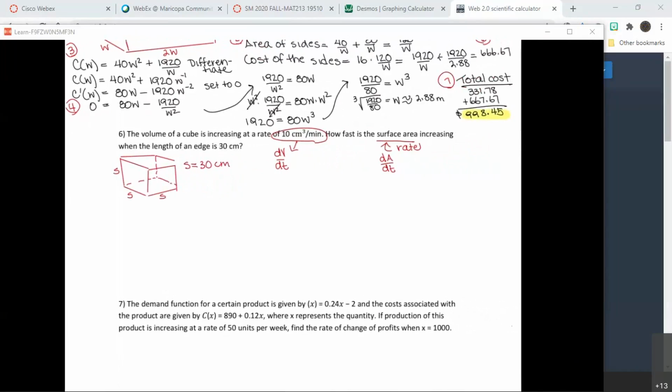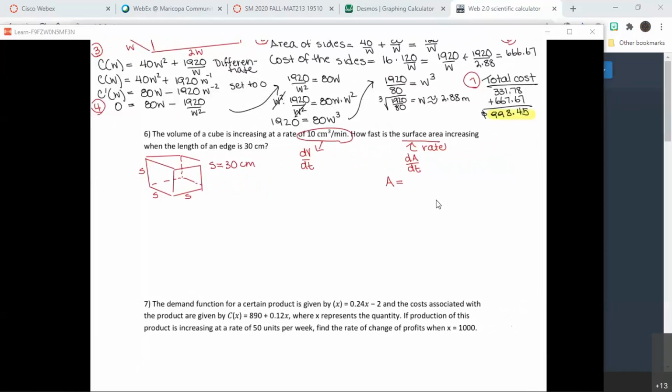What's the surface area of a cube? Think of it like a 6-sided die. Each face has an area of S times S, or S squared. So the surface area is 6S squared.